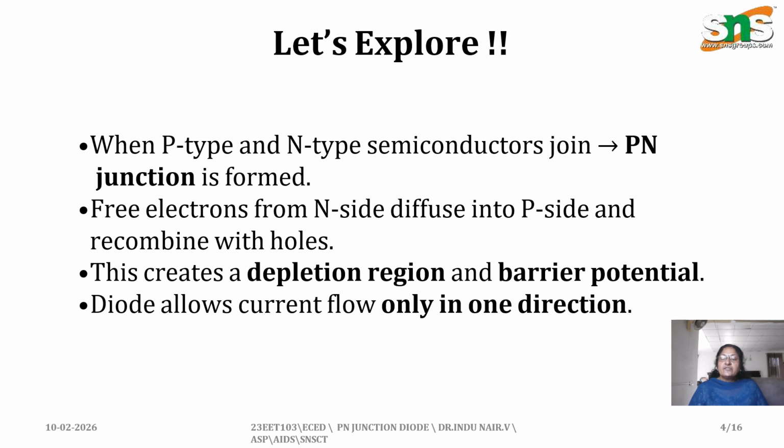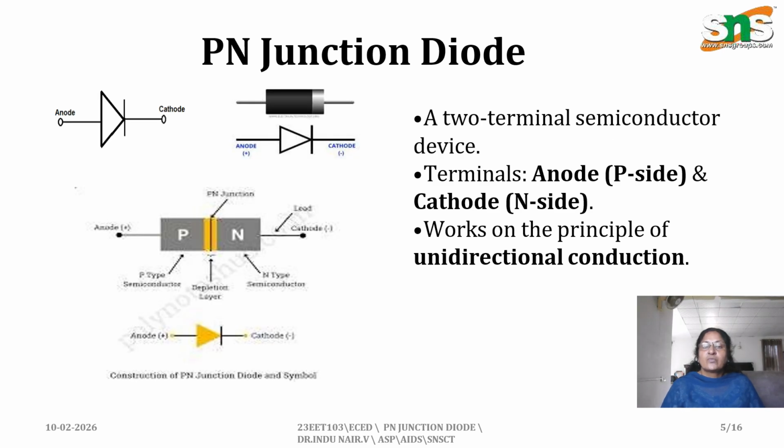Junction: the interface where the P and N-type material meet is called the PN junction. Terminals: the P side is connected to the anode and the N side is connected to the cathode.